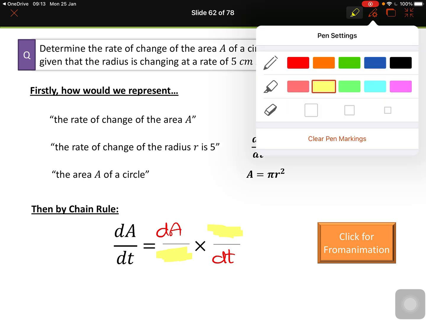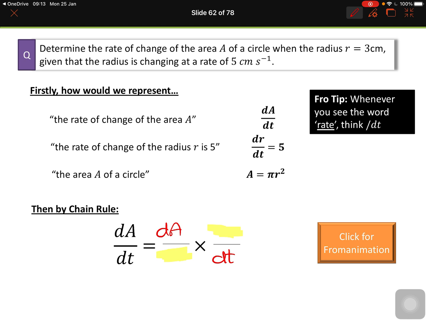Now what you look at is what is the other variable that we are dealing with that I haven't included. So I've got A, I've got t. The other variable that I haven't used yet is my r. Therefore, I'm going to have dr in those two places. Now what that means is when these come together, I end up with dA/dt.